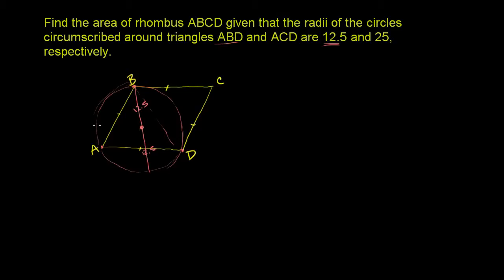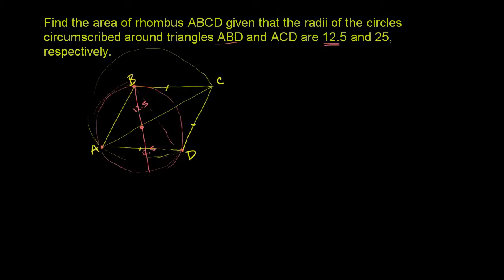Now let's focus on triangle ACD. Its circumcircle will look something like this. Let me draw. Oh, that doesn't look too good. There you go, something like that.